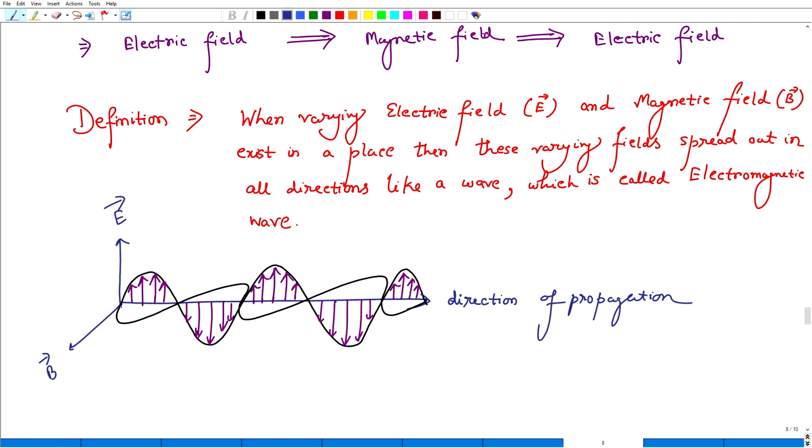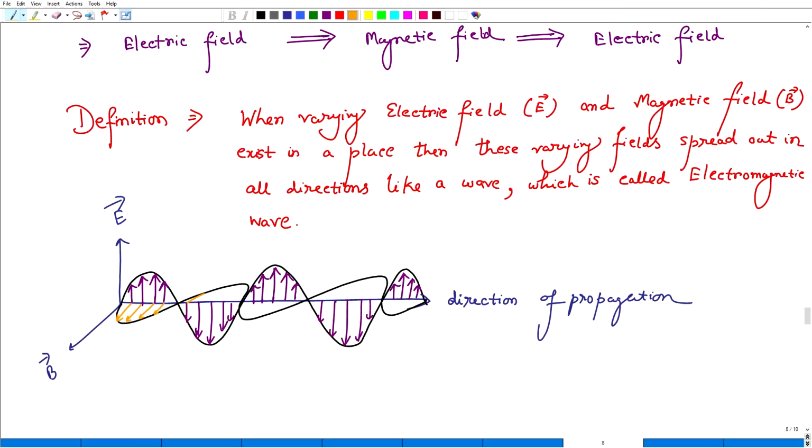As we know, all waves change with respect to time. So the electric field, which is along this direction, will change with respect to time, which creates the magnetic field in a perpendicular direction. In which direction? In this direction. Let me take another color. Okay, so B is pointing in this direction.